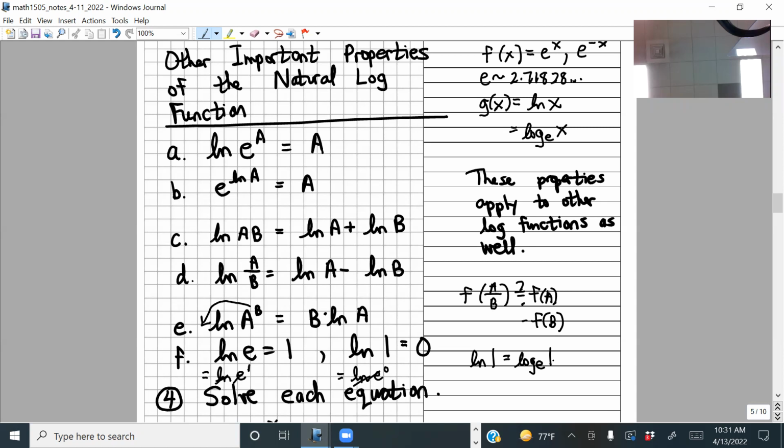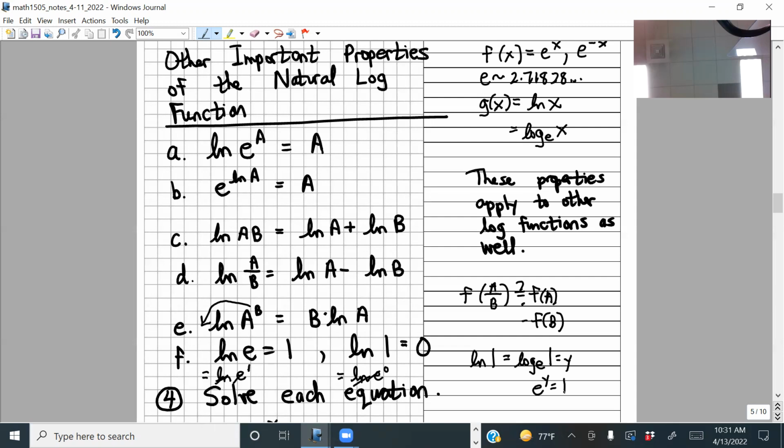When you compute log base e of a number, let's say we don't know what this value is, we're going to call it y. What this equation means, log base e of 1 is equal to y, is e to the y power is equal to 1.